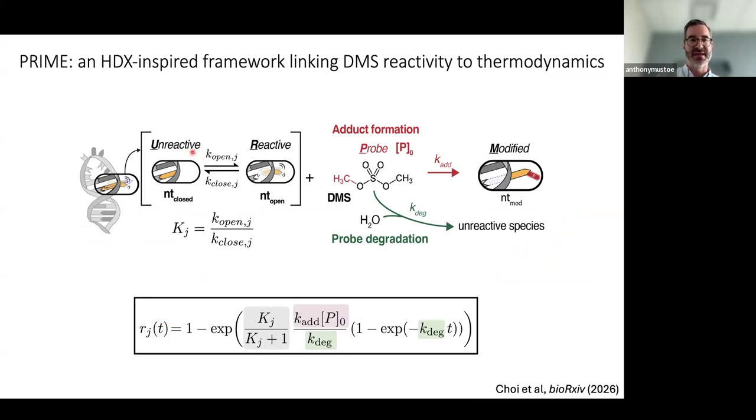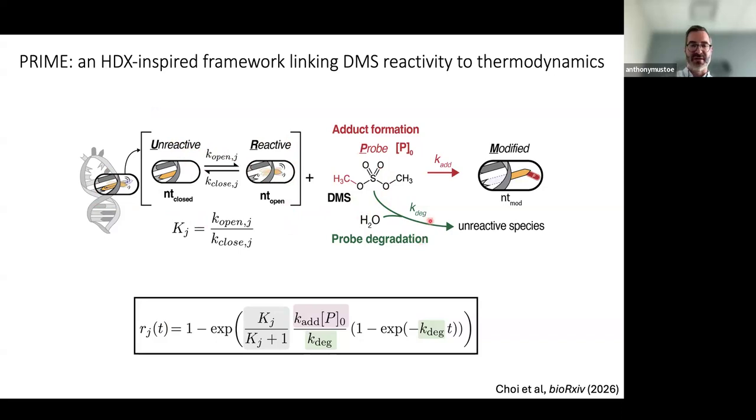And the idea here is that the reactivity of a given base is going to be dictated basically by an equilibrium between an unreactive and a reactive state, as well as now the simultaneous degradation of DMS with water.